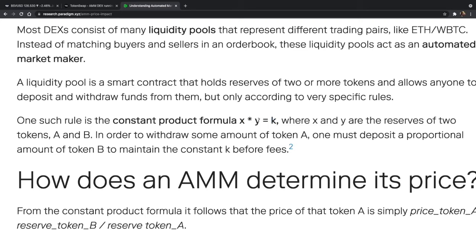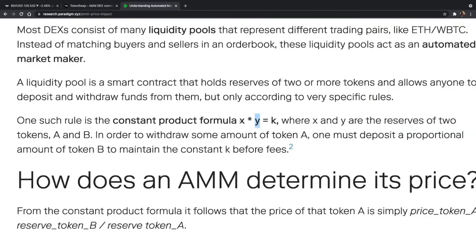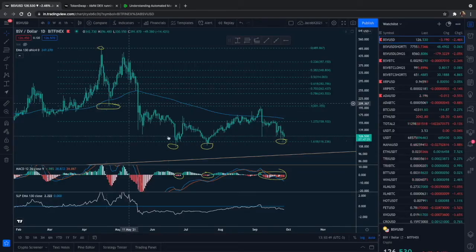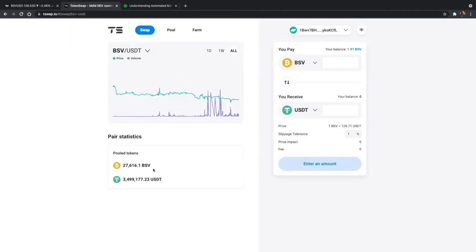If this is USDT and there's 3.5 million, that means BSV has to equal 3.5 million. BSV right now is at 126. So you would need 27 BSV to equal 3.5 million.